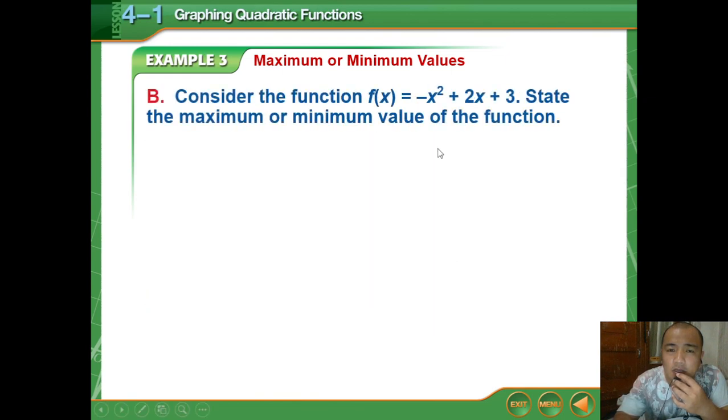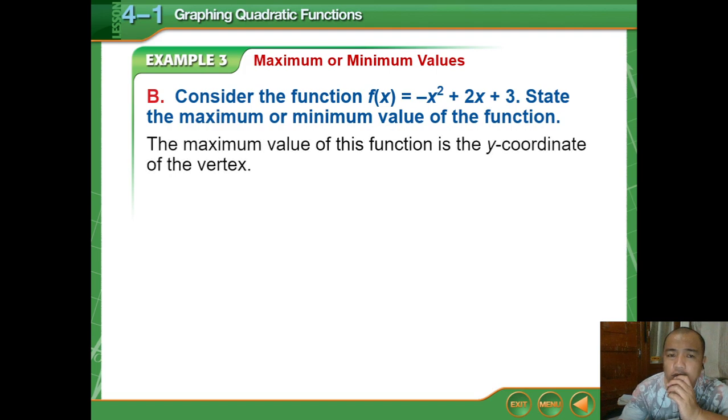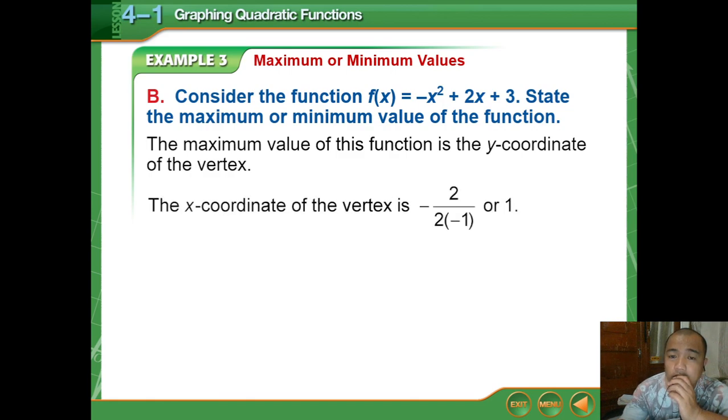Next, state the maximum or minimum value of the function. What is the maximum value of this function? The maximum value is the y-coordinate of the vertex. The x-coordinate of the vertex is 1, from the formula negative b over 2a: negative 2 over 2 times negative 1, so positive 1.